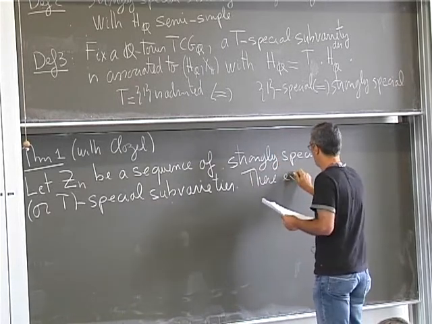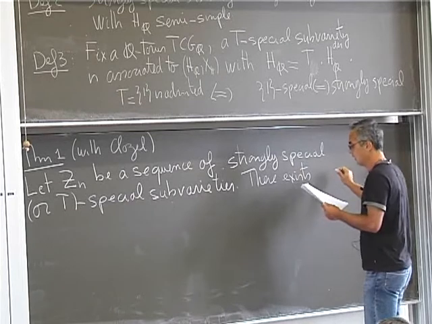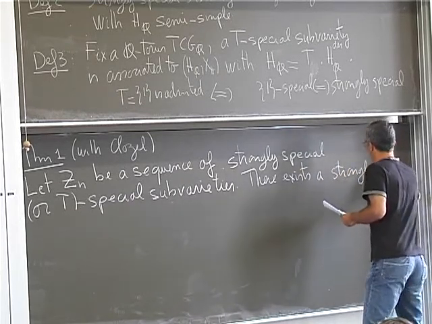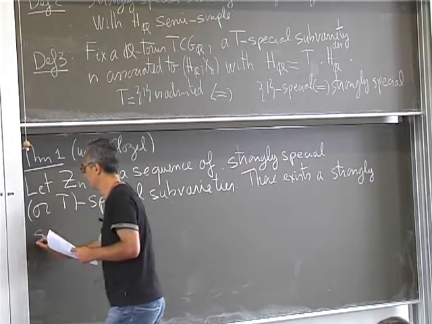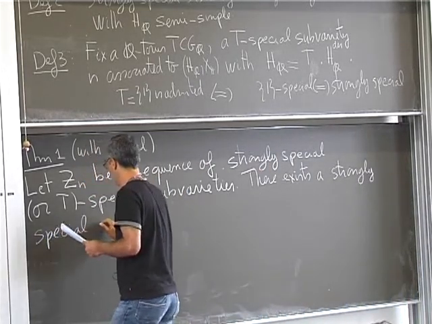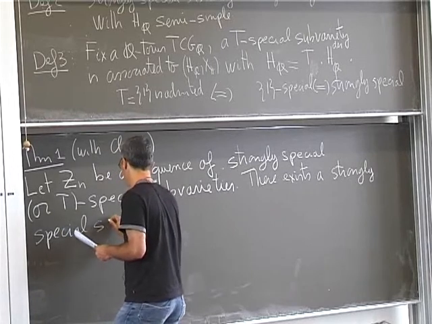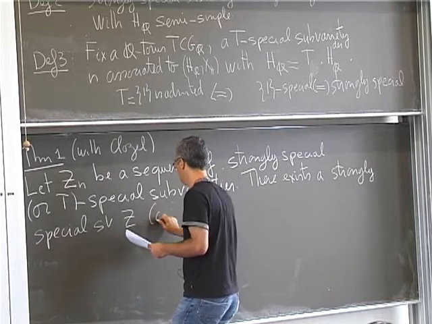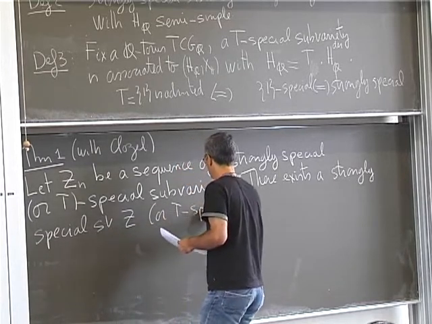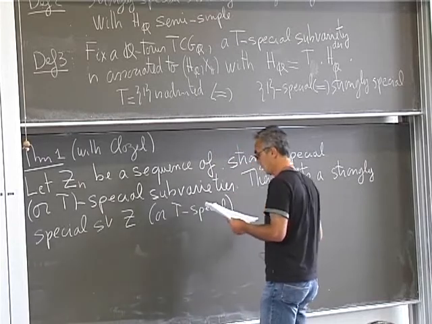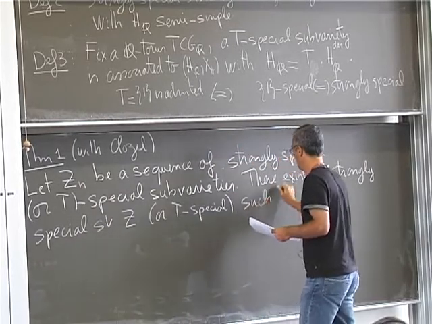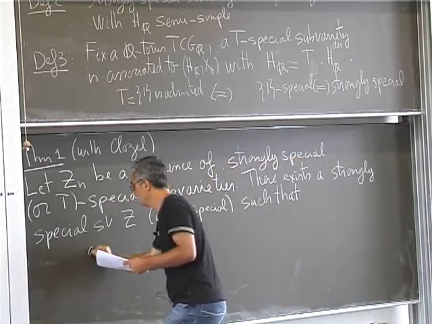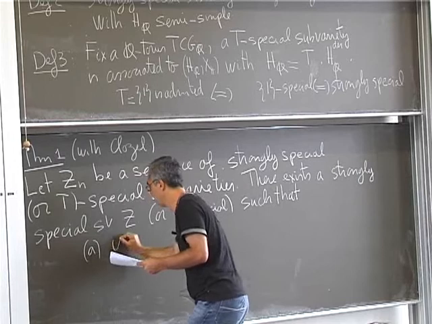there exists a strongly special or T-special subvariety Z such that you have the two following properties.